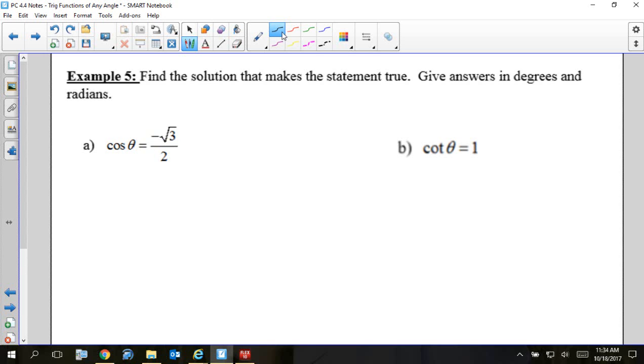Next, find the solution that makes the statement true. Give answers in degrees and radians. Cosine theta equals negative radical 3 over 2. So this says find the solution that makes the statement true. That means we're solving for something. So you look at what's missing. Theta. So we're solving for theta, but what is theta?